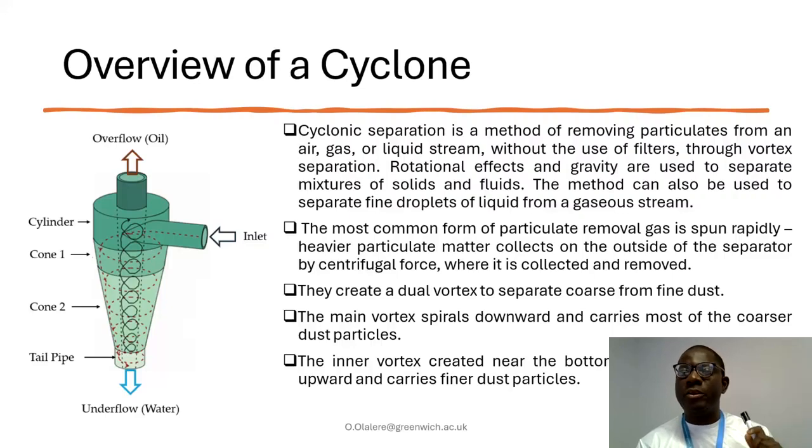The method can be used to separate fine droplets of liquid from a gaseous stream. One important merit of this separation process is that it is less expensive compared to filtration, right?